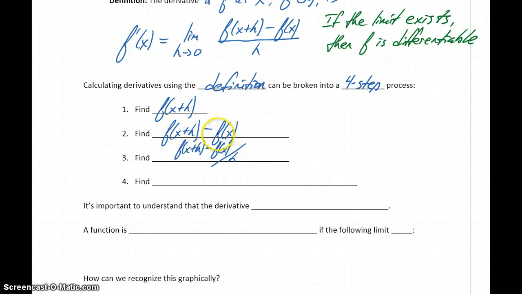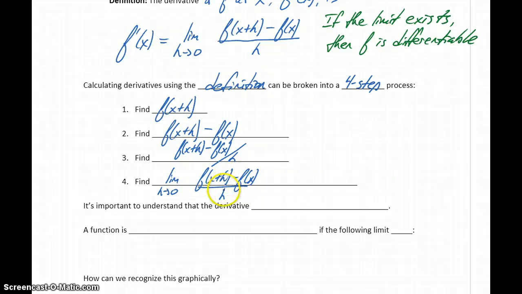So we take the result from step 2, divide that by h, and again, as much as we can, simplify. And then in the very last step, we'll take the limit as h approaches 0 of f of x plus h minus f of x divided by h.